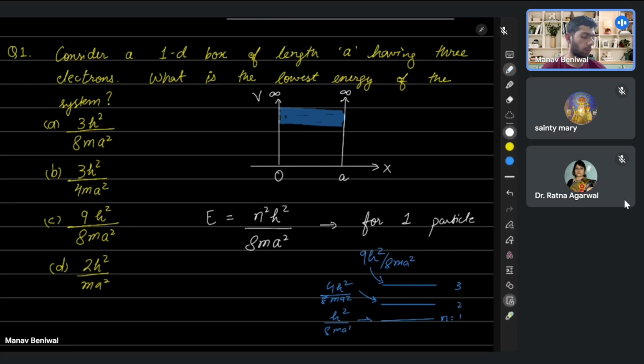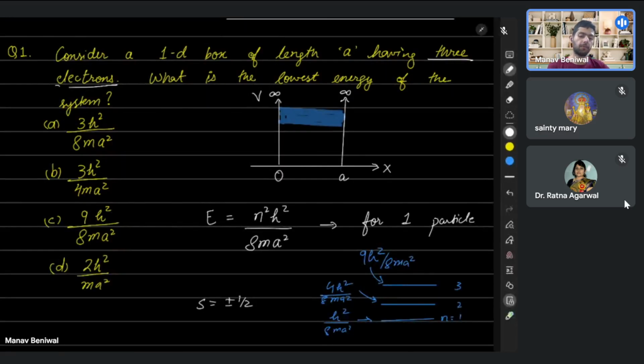Now what is the particle that we have? We have electrons, and we have 3 electrons. This is given to us. For any energy level, because electrons are fermions and they have spin plus or minus half, at a given time only 2 electrons can occupy a given energy level.